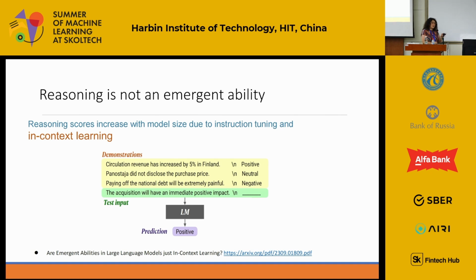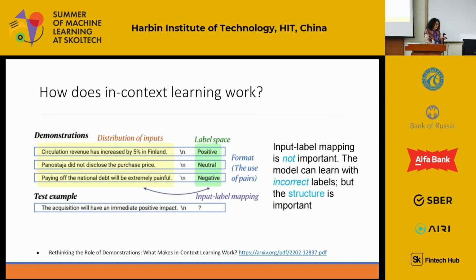And with in-context learning, it is not the correctness of the answer that matters. What matters is the structure. For example, if we swap input labels, these examples also work in context learning, sometimes, yeah, in some simple cases.